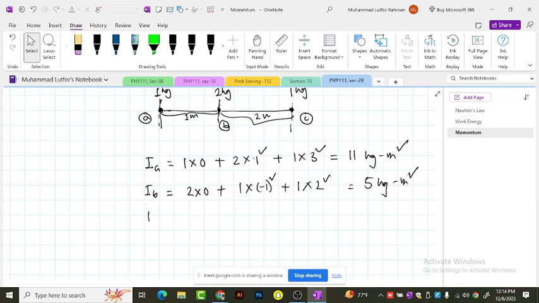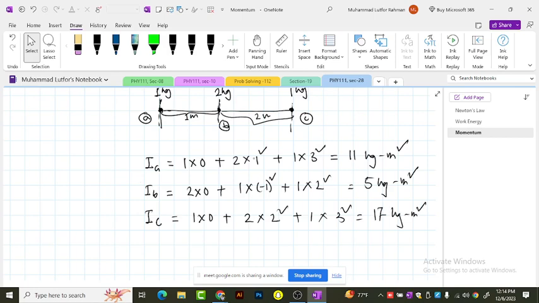And for the point C, it should be 1 into 0 plus 2 into 2 square plus 1 into 3 square. Then 2 square is 4, 4 into 2 is 8, 8 plus 9 is going to be 17 kg meter square.